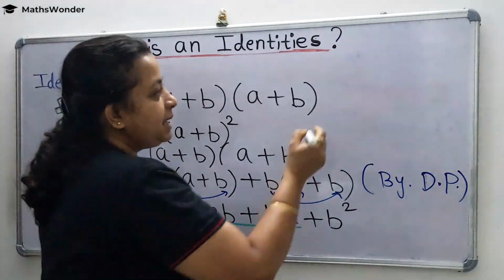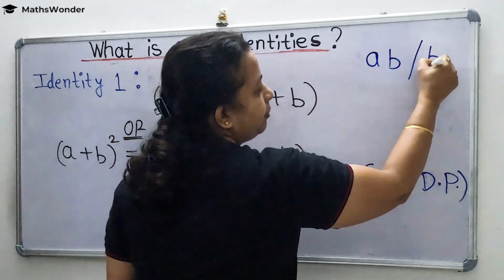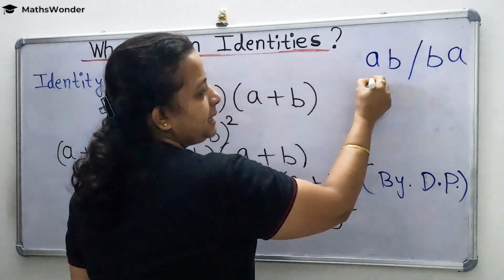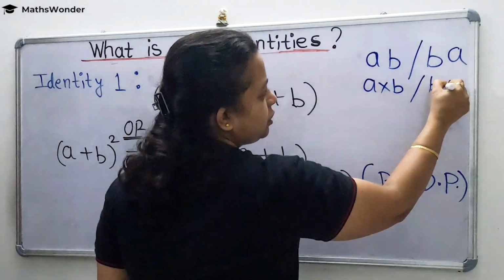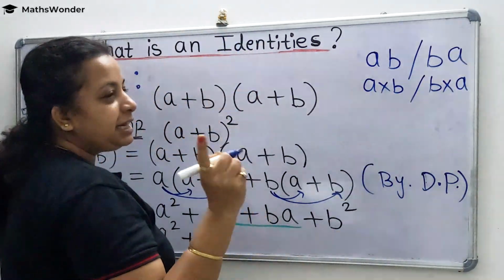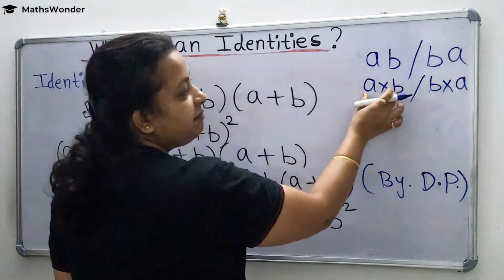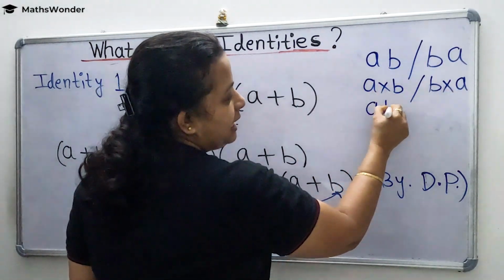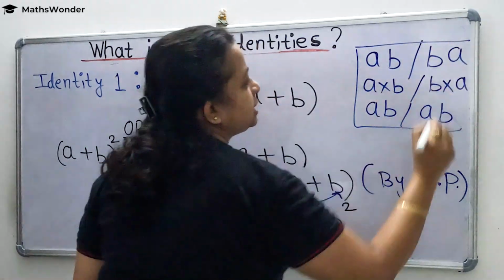Okay, ab and ba both are same, because ab means a multiplied by b, and ba also means b multiplied by a. And as you know, in multiplication we have the order property. If you write it in this way, both are the same. There is no change.